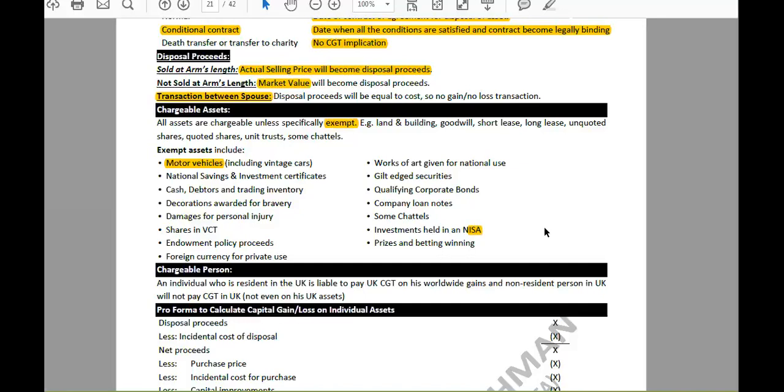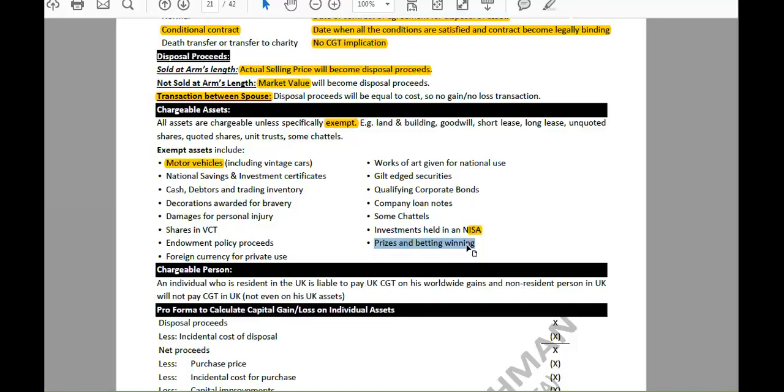It is a type of bank account, and if you have invested in this bank account, if you have kept your money in this bank account, any return from this bank account will be exempt. Betting winnings. Students, please remember, betting is allowed in the UK, and if you win a bet, you don't have to pay any tax. So these are the examples of exempt assets.